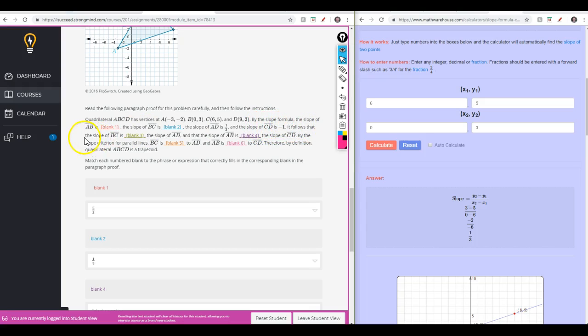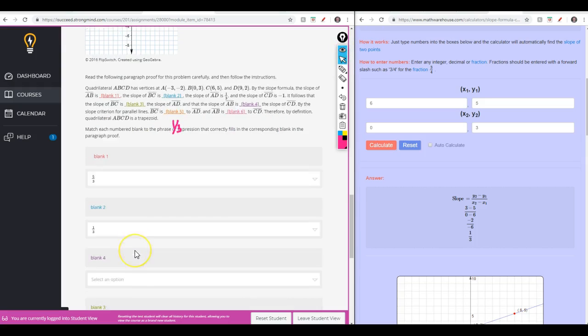It follows that the slope of segment BC, which was blank 2, this was 1/3, is blank the slope of AD. AD is 1/3 and BC is 1/3, so they're the same.